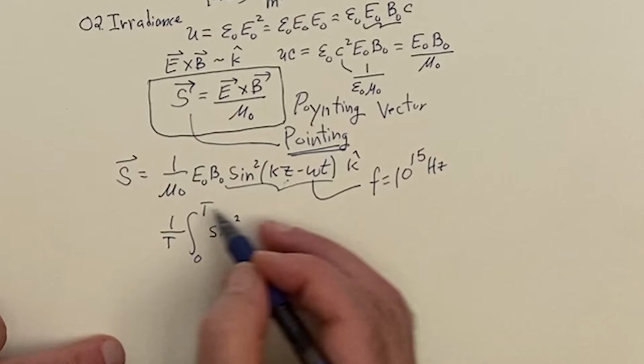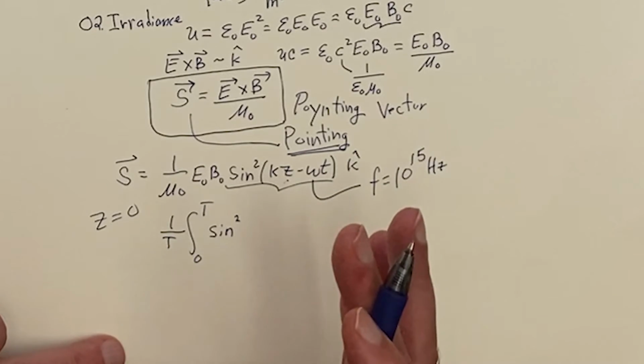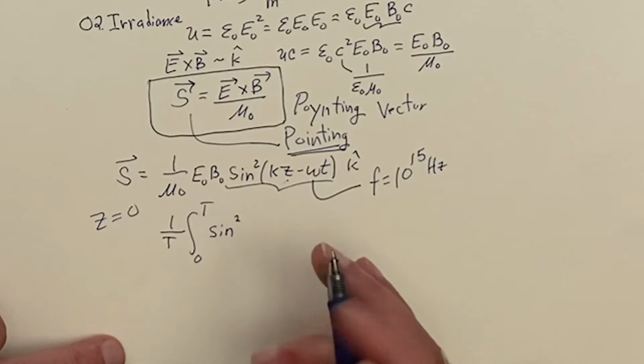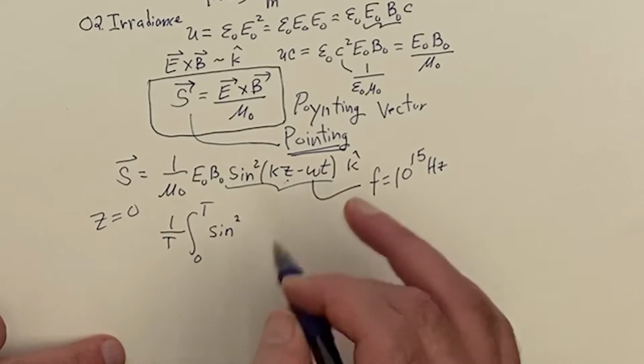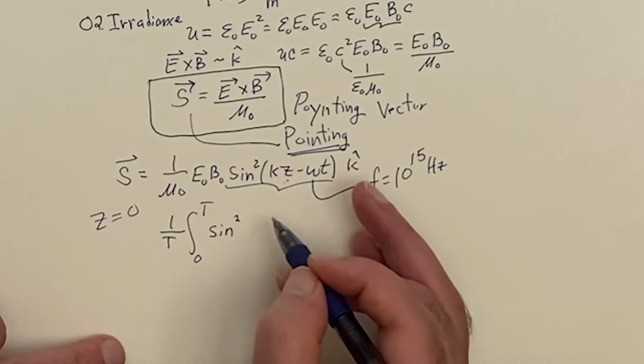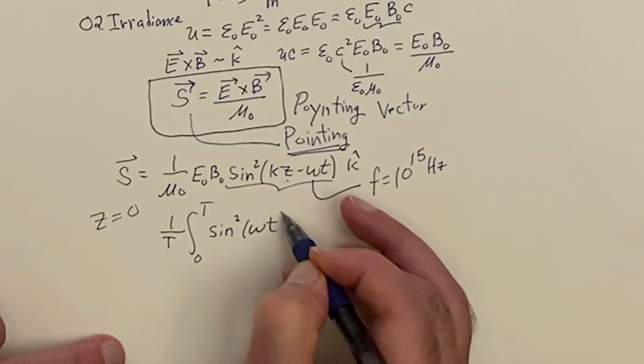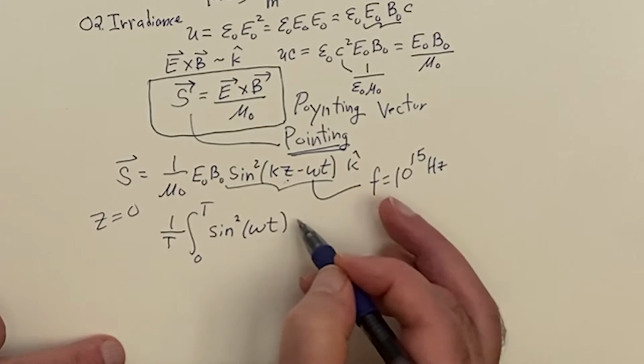We can go ahead and set z equal to 0, so we are stationary at some point, and as the wave is going to go by, it will oscillate at that point. So we're looking at here, and since we're squaring the sine, we don't lose anything if we just throw that minus sign away since it's squared.